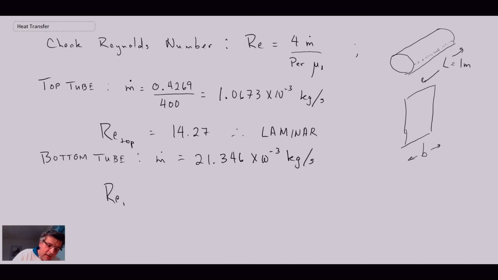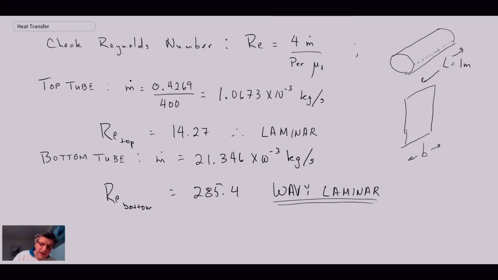And we get Re bottom of 285.4, which is wavy flow, or wavy laminar. So we are actually pushing it a little bit. The correlation would be starting to break down here.